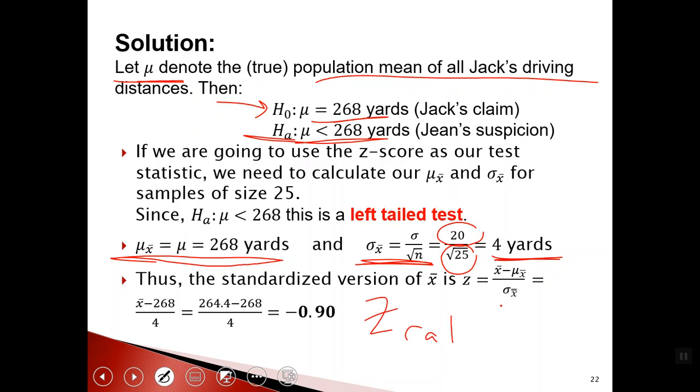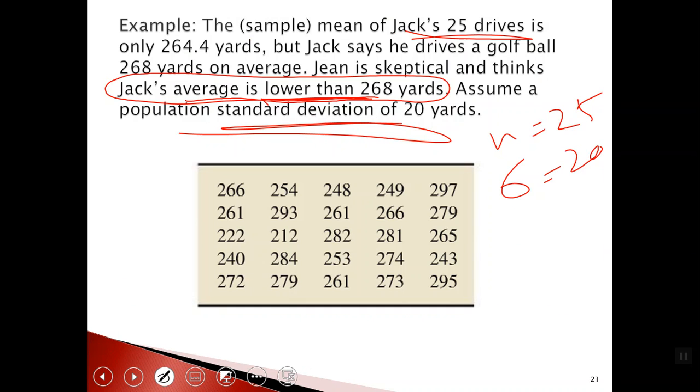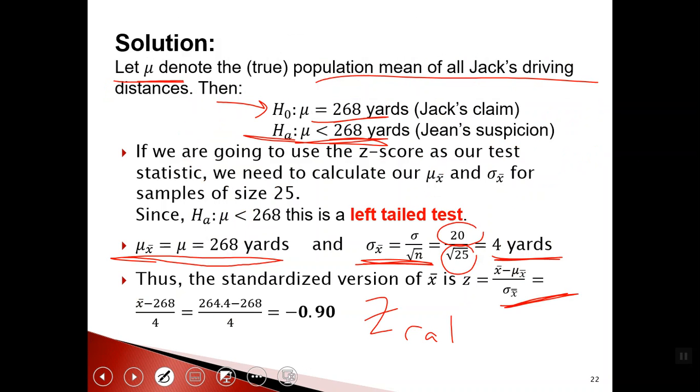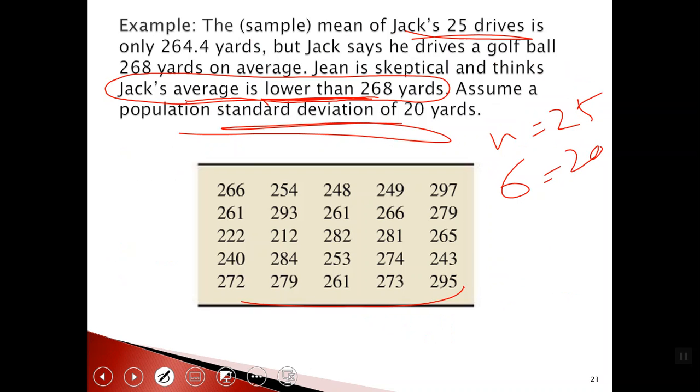How do you calculate it? X bar minus mu x bar, divided by sigma x bar. So what is x bar? They haven't given x bar. You have to calculate x bar using your table: summation of xi divided by n gives you x bar.